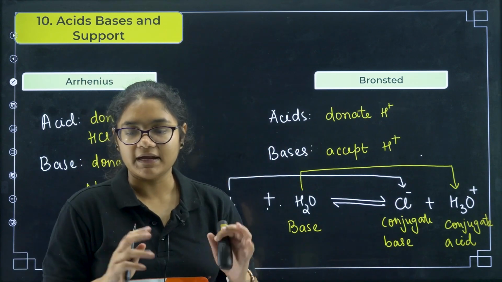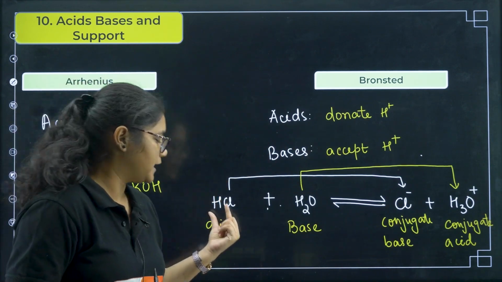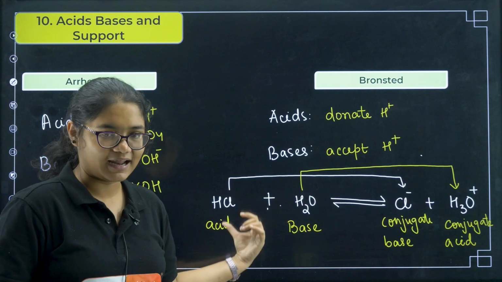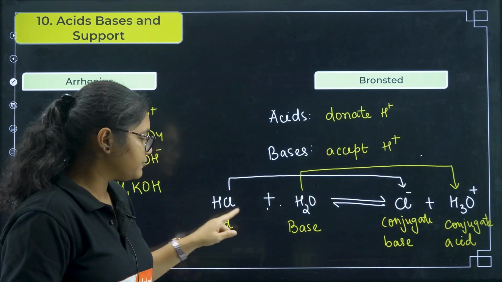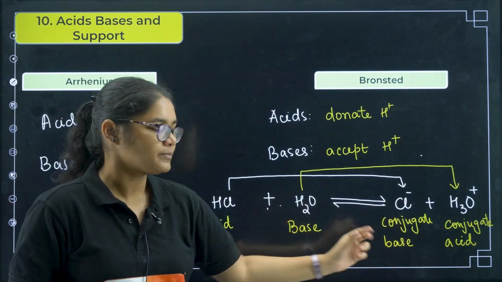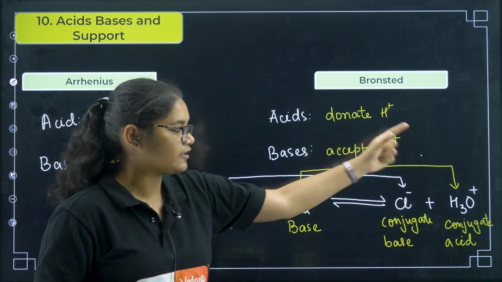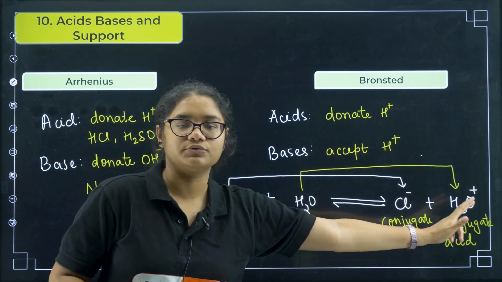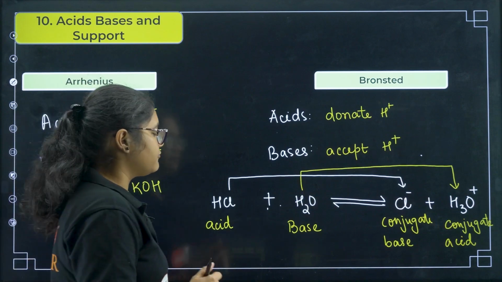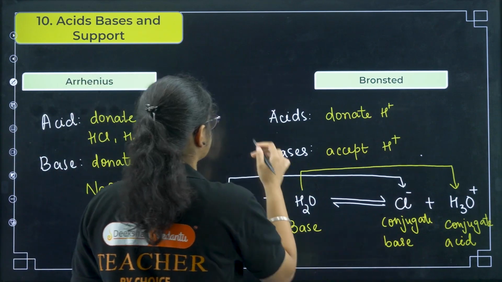Clear? These names might be new for you, but you should remember, anything which loses one H plus is an acid, but after losing H plus, what is formed is the conjugate base. Anything which can accept an H plus is a base, but after accepting H plus, what is formed is called the conjugate acid.